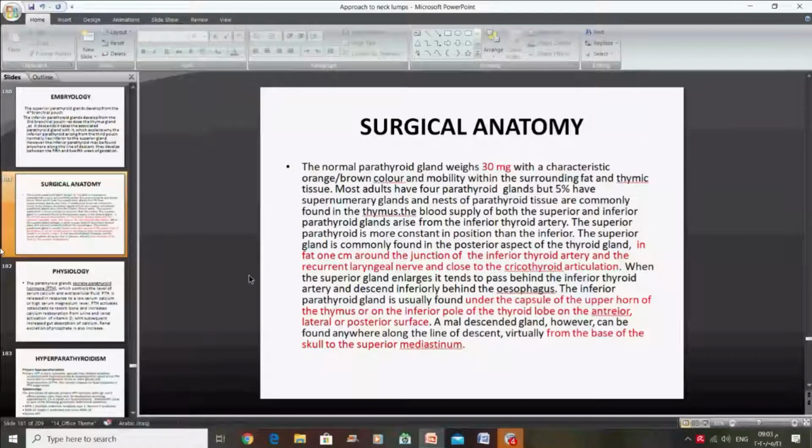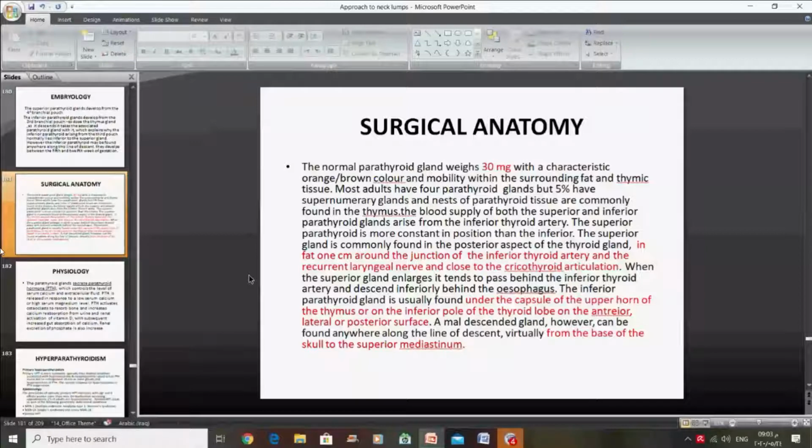As we said, the superior parathyroid gland is more constant in position. Where is it? On the posterior aspect of the thyroid gland in the area 1 centimeter around the junction of the inferior thyroid artery and the recurrent laryngeal nerve and close to the cricothyroid articulation. The inferior parathyroid gland is found under the capsule of the upper horn of the thymus or on the inferior pole of the thyroid lobes, on the anterior or lateral or posterior surface.